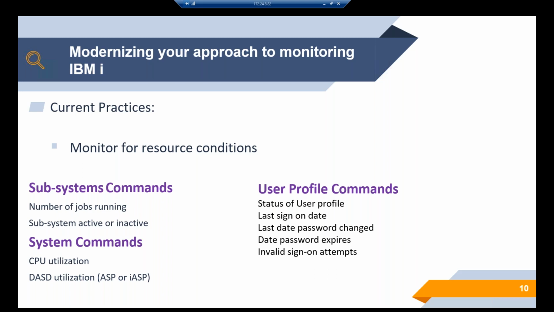Or maybe you want to look at some performance metrics, CPU utilization against a predefined threshold, DASD, or some people refer to it as ASP, whether it's a system ASP or independent ASP. You want to make sure that you're getting alerted if you're monitoring for that particular condition.